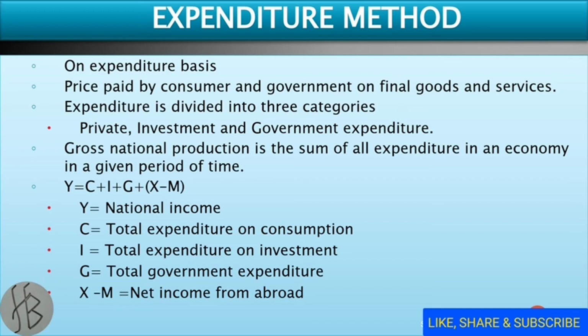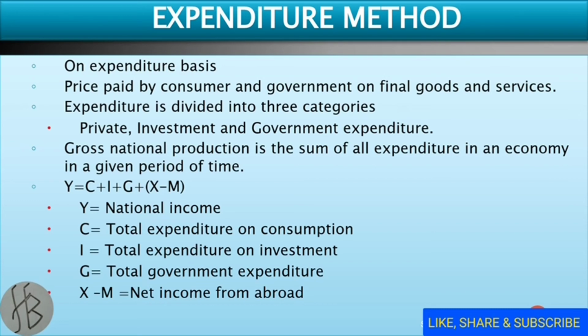Again, national income is a flow concept. Here the expenditure is divided into three categories: private expenditure, investment expenditure and government expenditure. Private expenditure is done by individuals. Investment expenditure is the expenditure for investment purposes, which is incurred by entrepreneurs and firms.